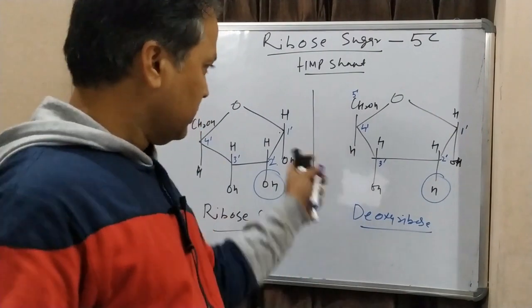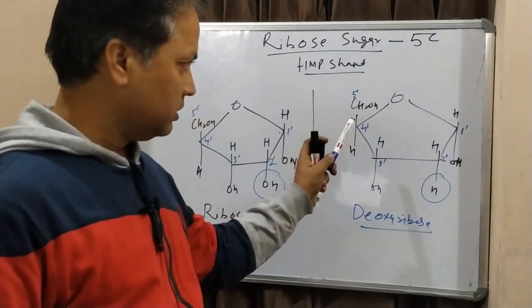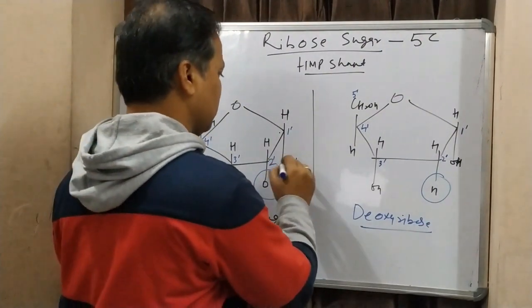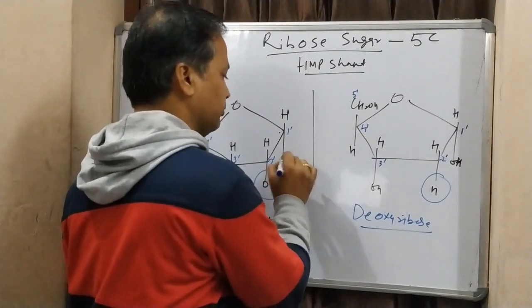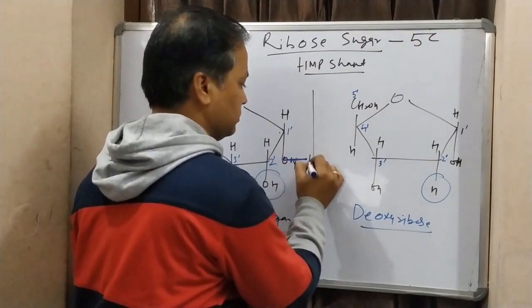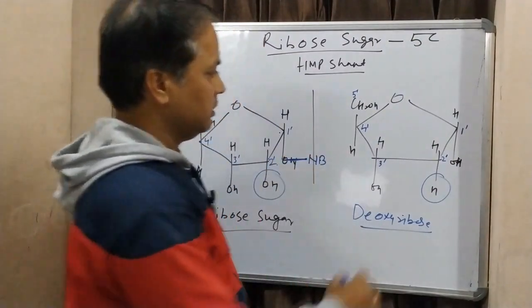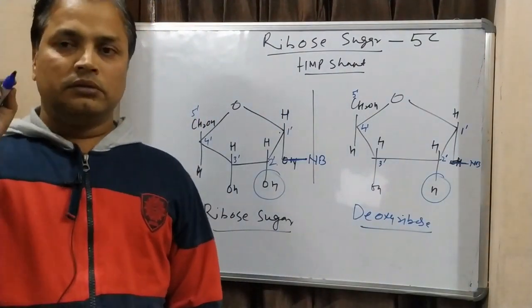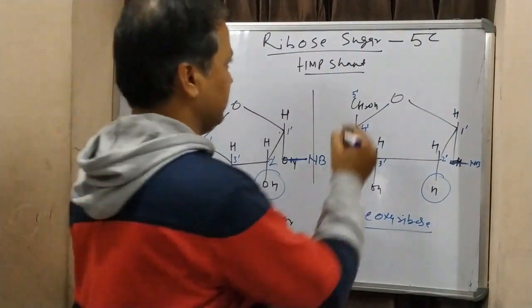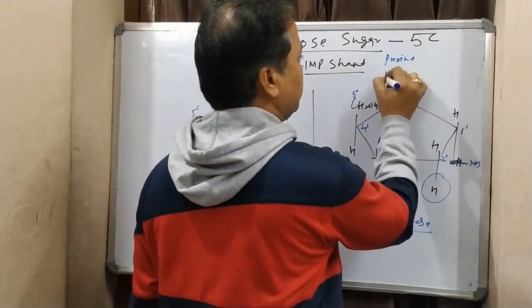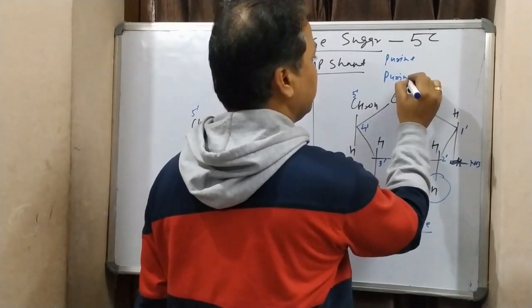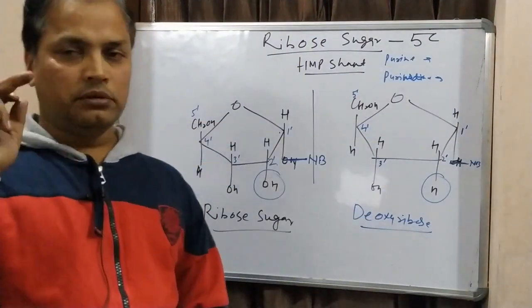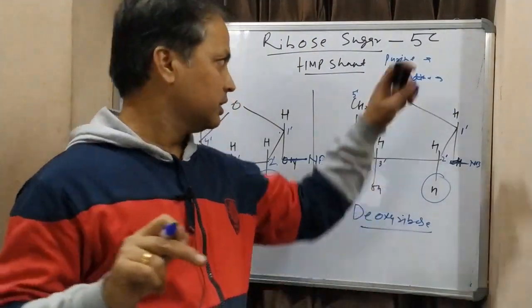The nitrogenous base is going to form a bond with the first carbon of the sugar. Both purine and pyrimidine have nitrogen present.